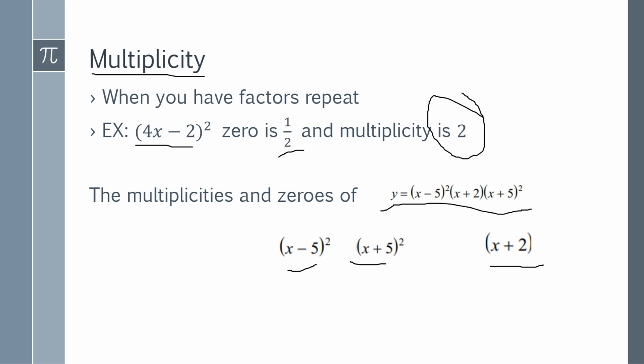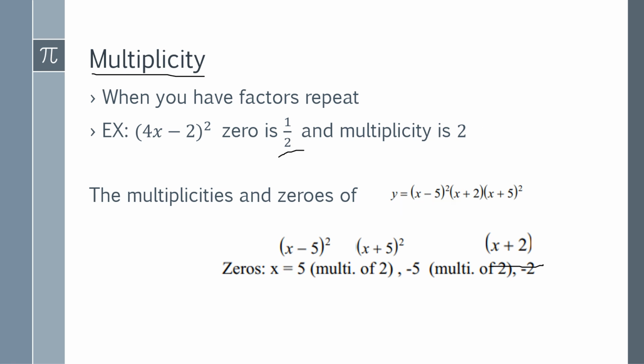So x minus 5 equals 0. When you solve that equation, which you should know what to do, you're going to get 5 with a multiplicity of 2, negative 5 for this one with a multiplicity of 2, and then this is going to be negative 2.